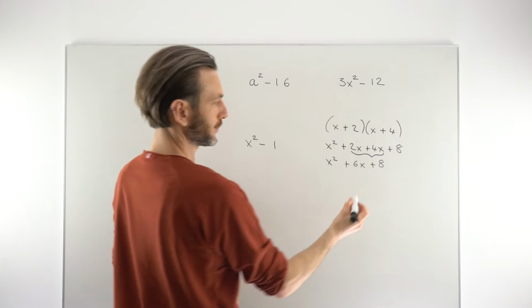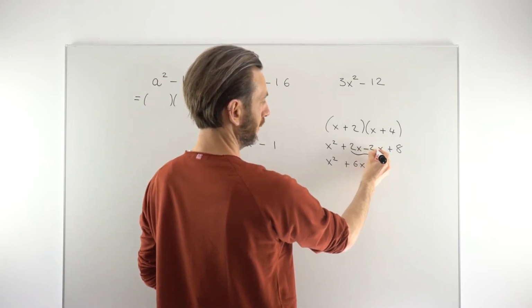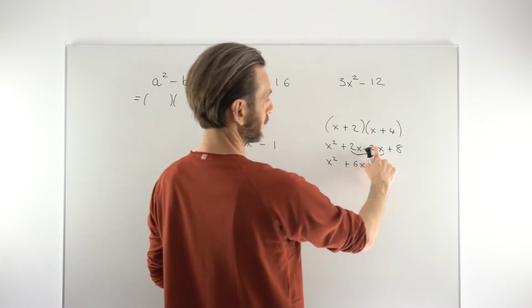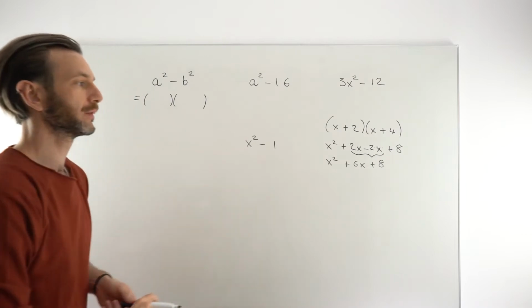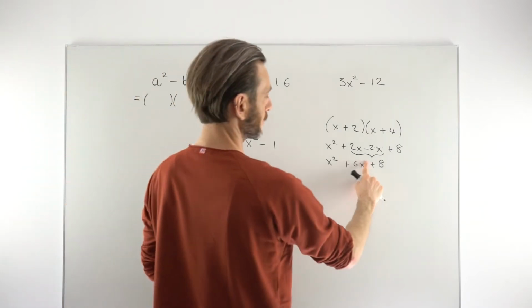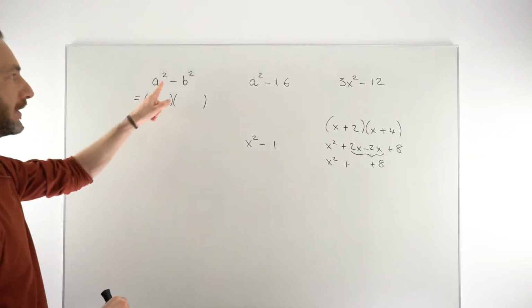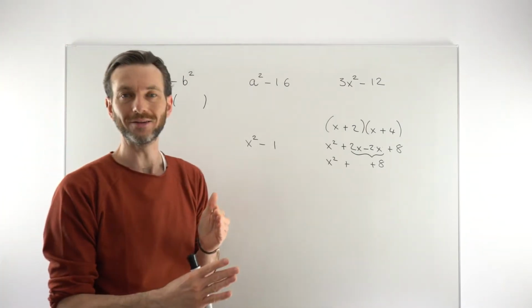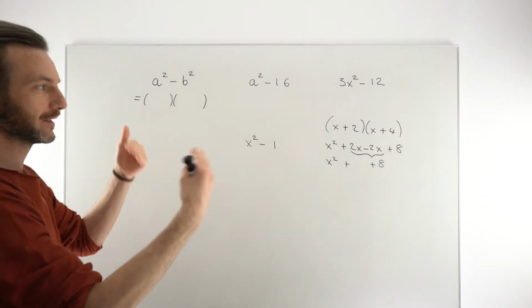But imagine if those two just disappeared, like if one was a minus 2x. Minus 2x plus 2x would give you 0, so that would disappear and you would end up with 2 terms. That's effectively what we're looking for: a clever way of factorising so that the middle terms of multiplying out the brackets disappear.